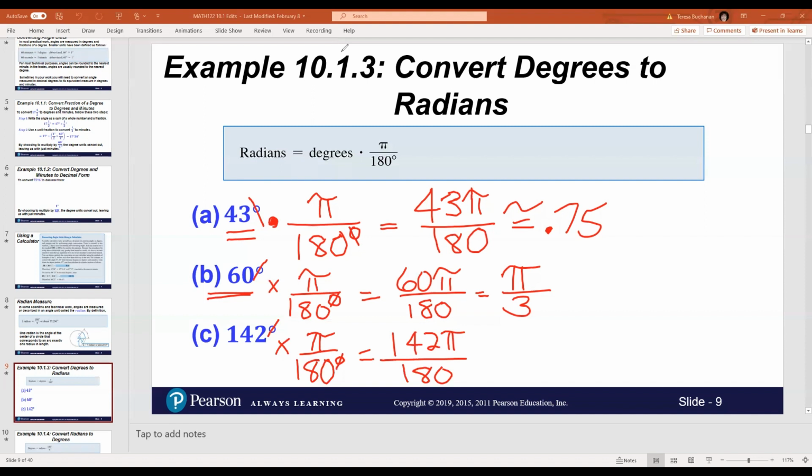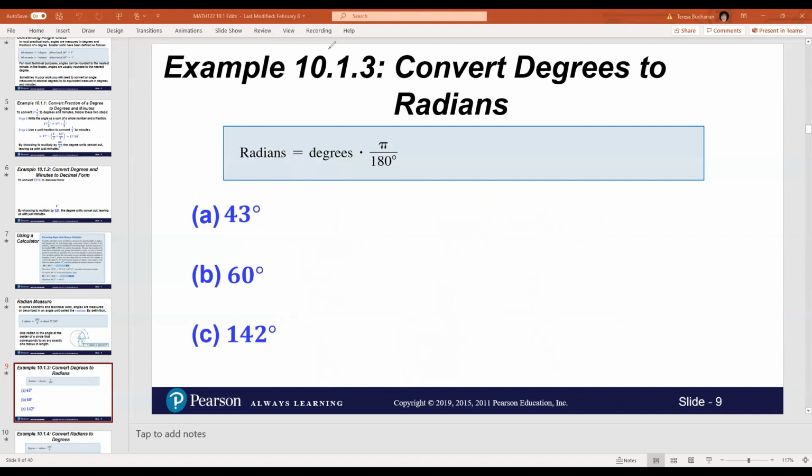Depending on your context and your directions, do what the context requires of you, or read your problem directions carefully. This would amount to, as an approximation, about 2.48 or 2.5 radians, roughly. This is the exact form. This is an approximation. Okay, so that is getting out of degrees and into radians.